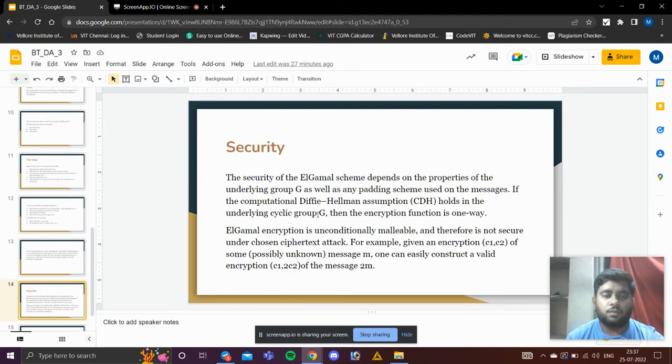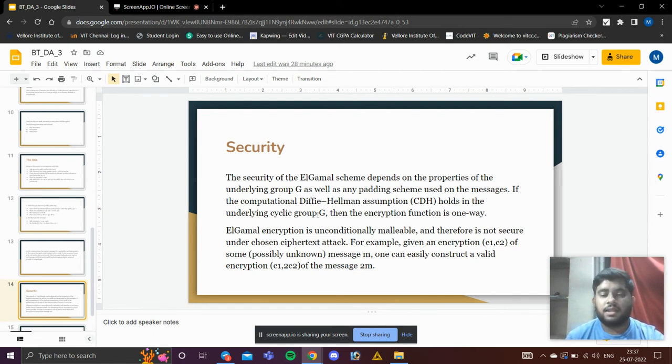So if we talk about security and algorithm, the security scheme depends on the properties of the underlying group G as well as any padding scheme used on the messages. If the computational CDH, the Diffie-Hellman assumption, holds in the underlying cyclic group G, then the encryption function is one way. ElGamal is unconditionally malleable and therefore is not secure under chosen ciphertext attack.